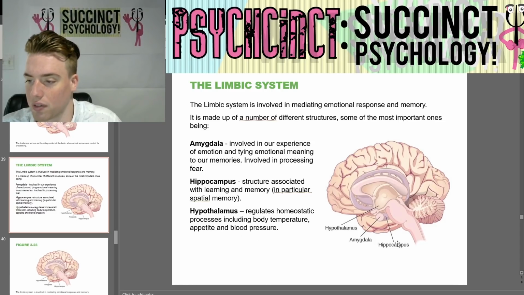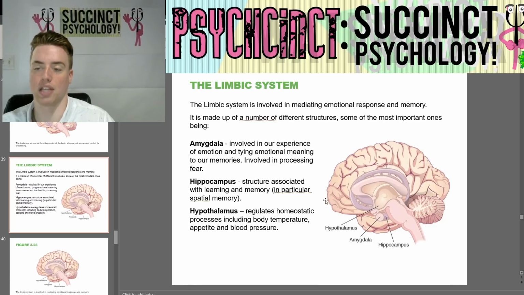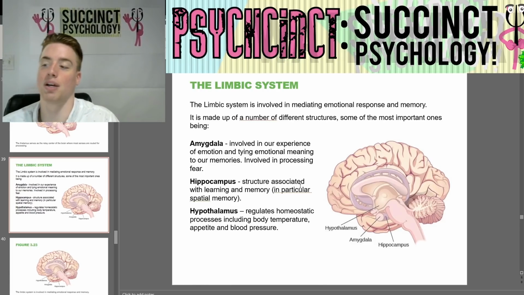So you can see where each of those are, and the way I remember these is amygdala. There's a game I played before where there's this big, scary spider monster thing called an amygdala. And so I'm like, oh, amygdala is a big, scary monster. Amygdala is involved in processing fear. And I have that emotional memory of being like, oh, that's kind of spooky. So that's your amygdala. Hippocampus, which is learning and memory.